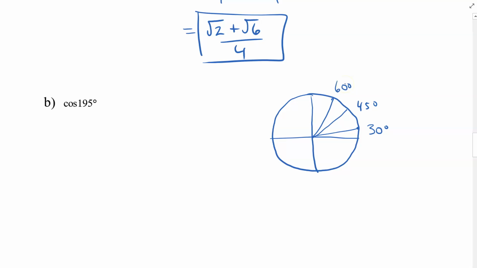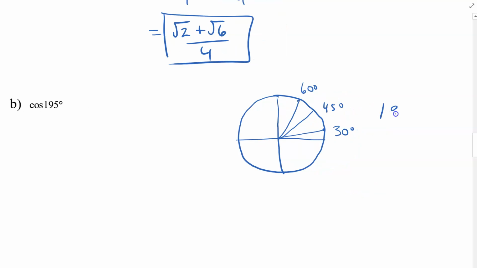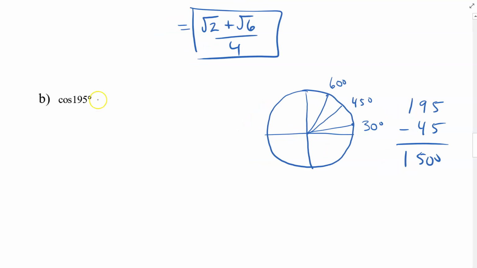One thing we know is that 45 degrees is the only one that ends in a 5. So we're going to have to use 45 degrees in here. If I take away 45 from 195, that remains 150 degrees. So I could do it like this.